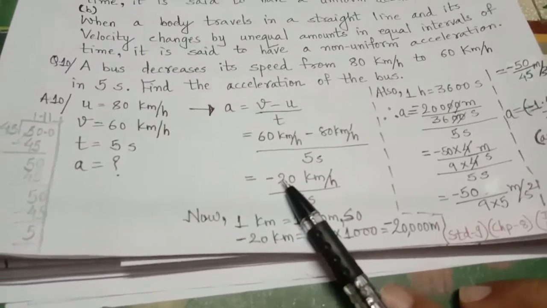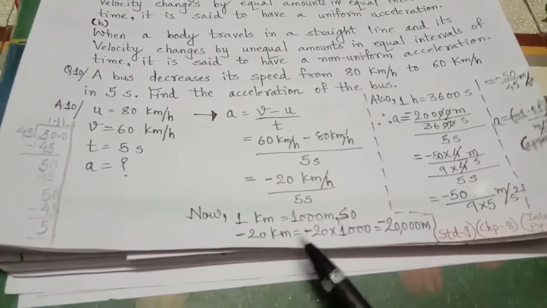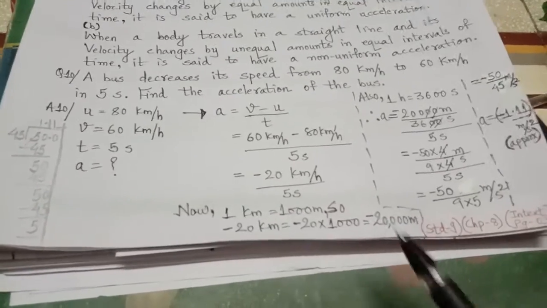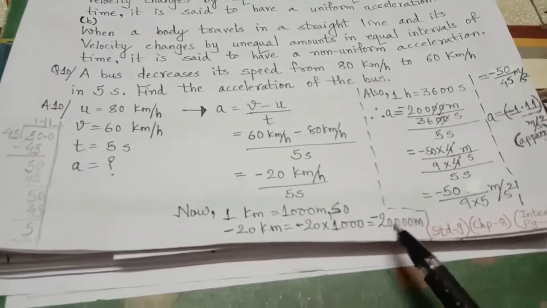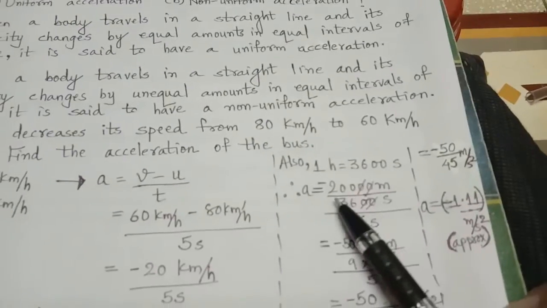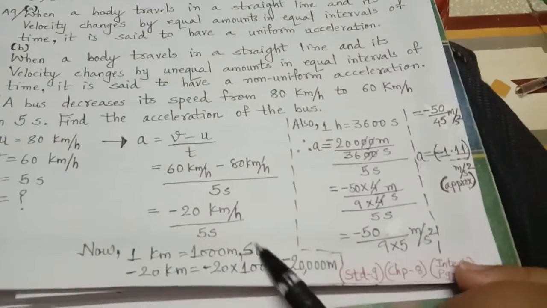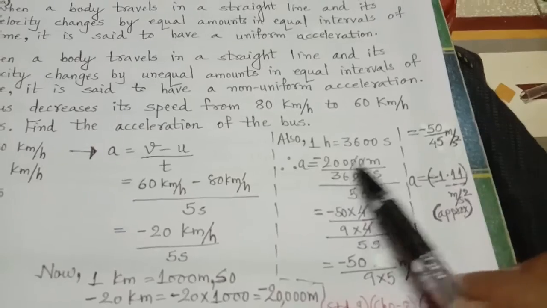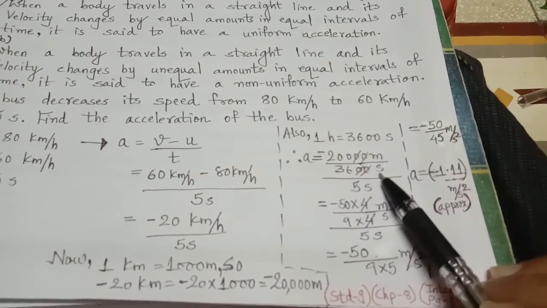Now 20 km per hour upon 5 seconds. So let us convert this 20 km into meter. 1 kilometer is 1000 meter. So minus 20 km is equal to minus 20,000 meter. So now acceleration is minus 20,000 meter per hour. 1 hour equals 3600 second. So 20,000 meter upon 3600 second.